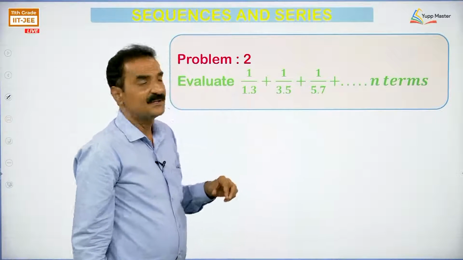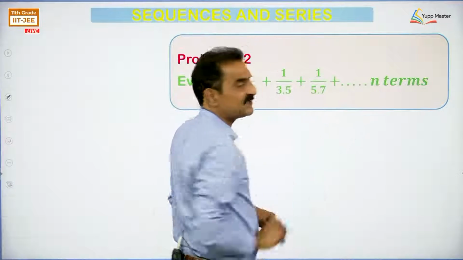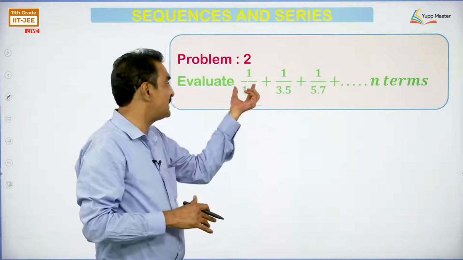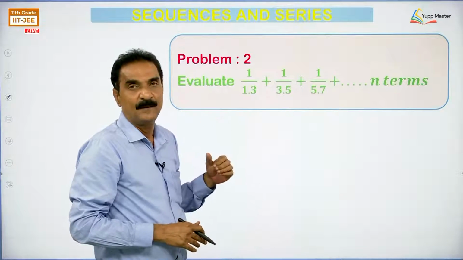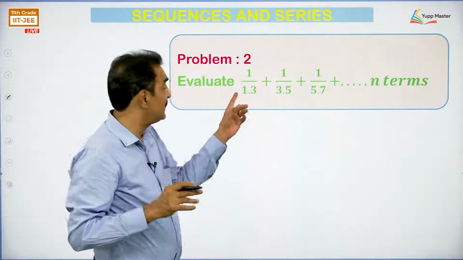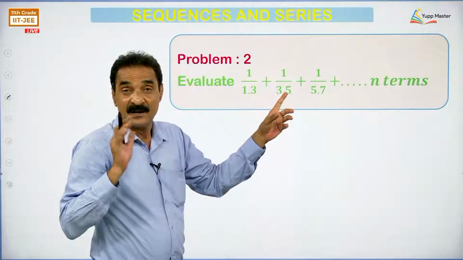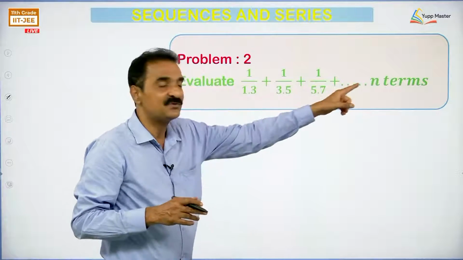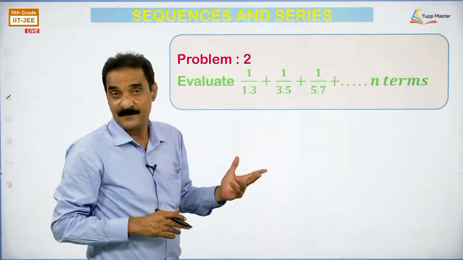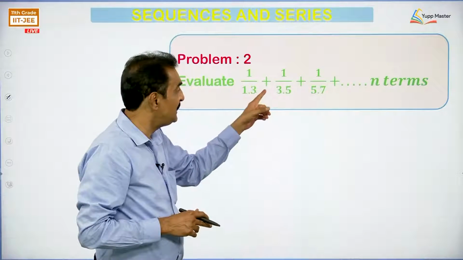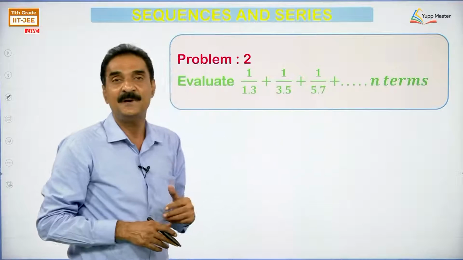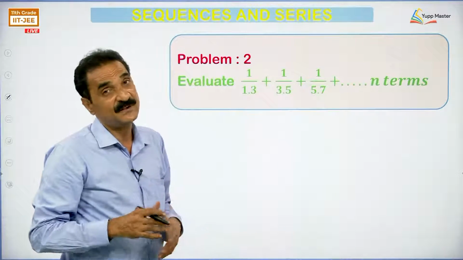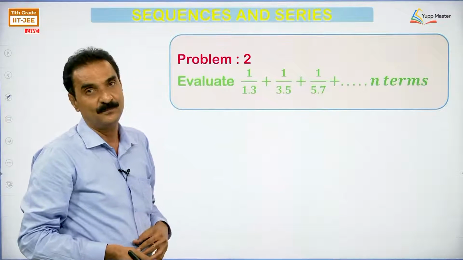So, what we do is, we will multiply all numerators by 2 and divide outside by 2, then we will write the 2 as the difference of these two. But you can do like this only when the factors of the denominator are in arithmetic progression. See, first factors are 1, 3, 5 and so on, it is an AP with common difference 2. Second factors 3, 5, 7 and so on, that is also an AP with the same common difference 2, and the difference between the first and second factors is also equal to the common difference 2.